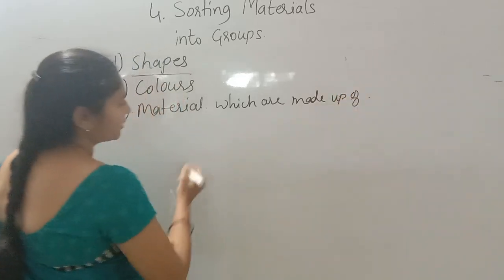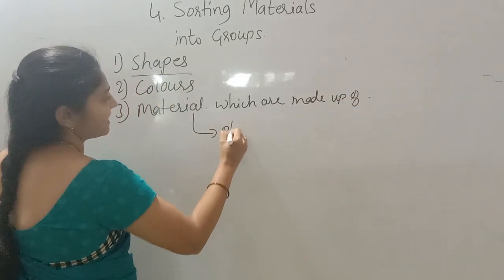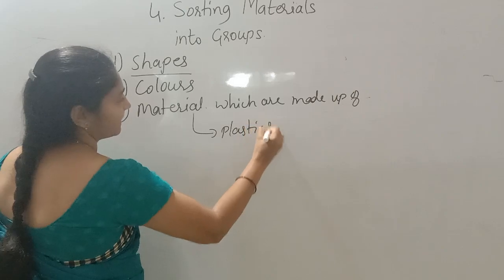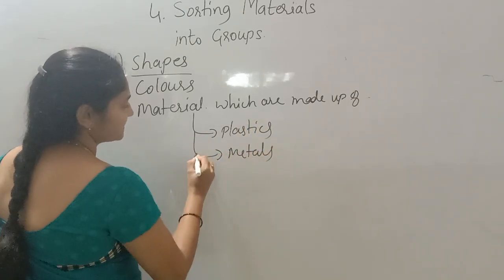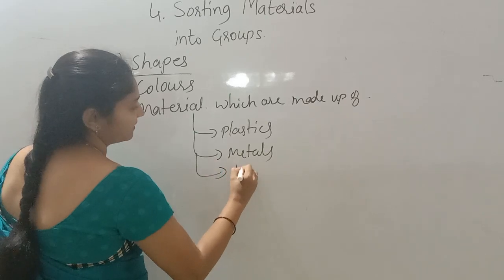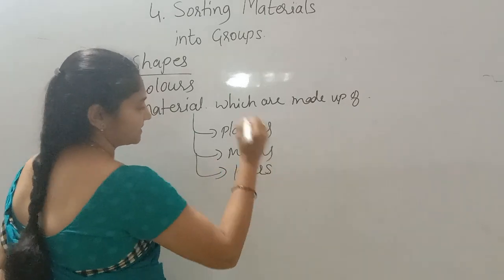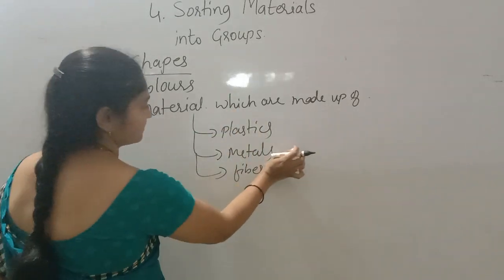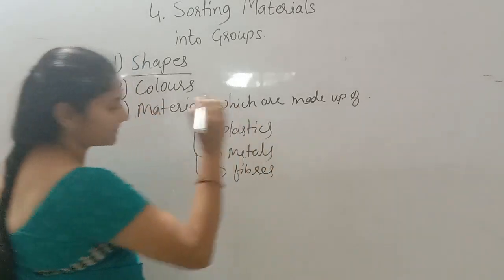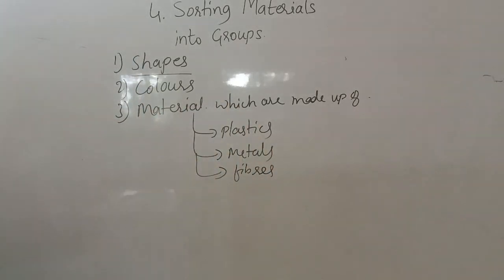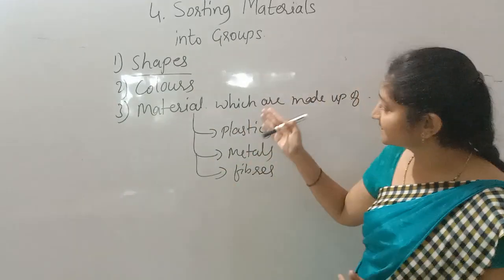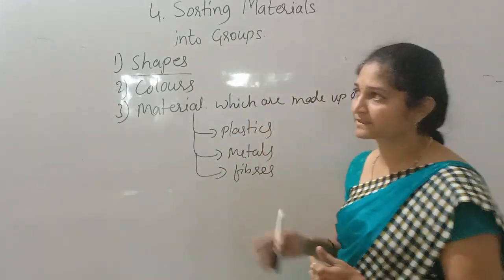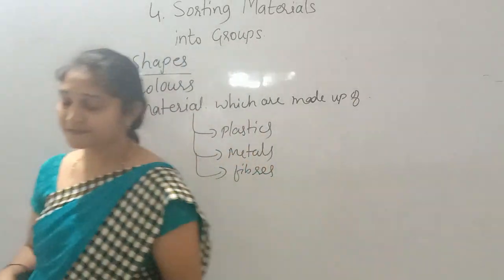What are those materials? Either plastic, right, or metals, or any fibers. Okay. So here, materials may be made up of either plastic, metal, fibers, and polyester.